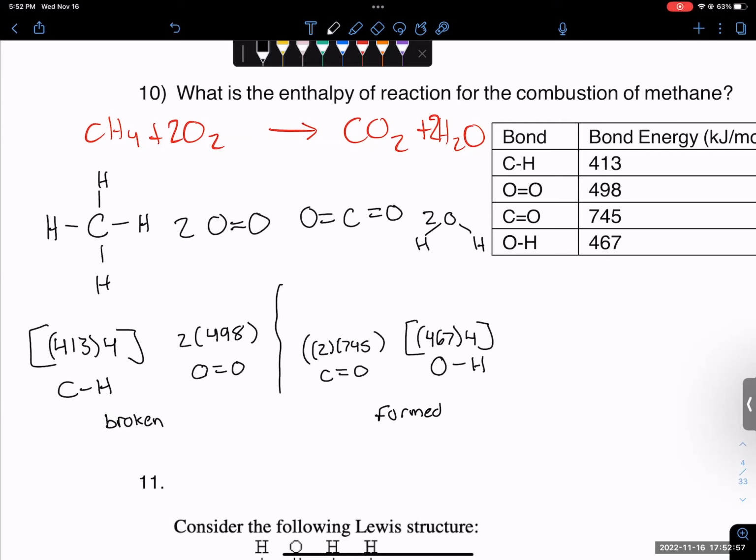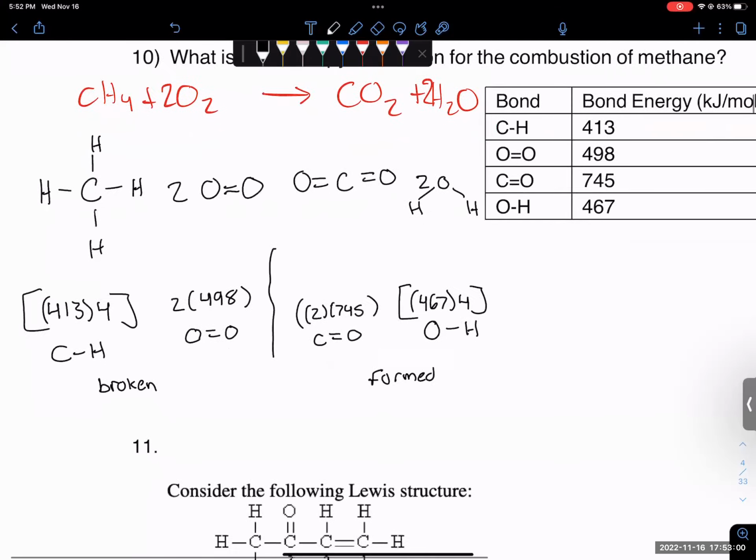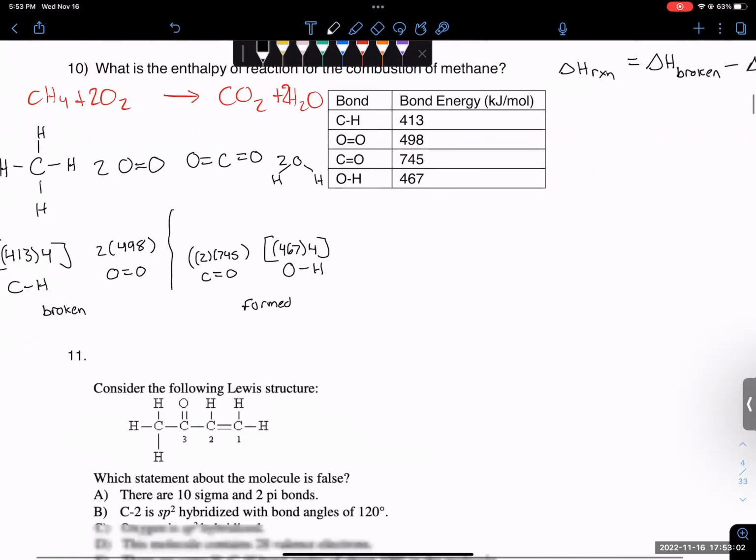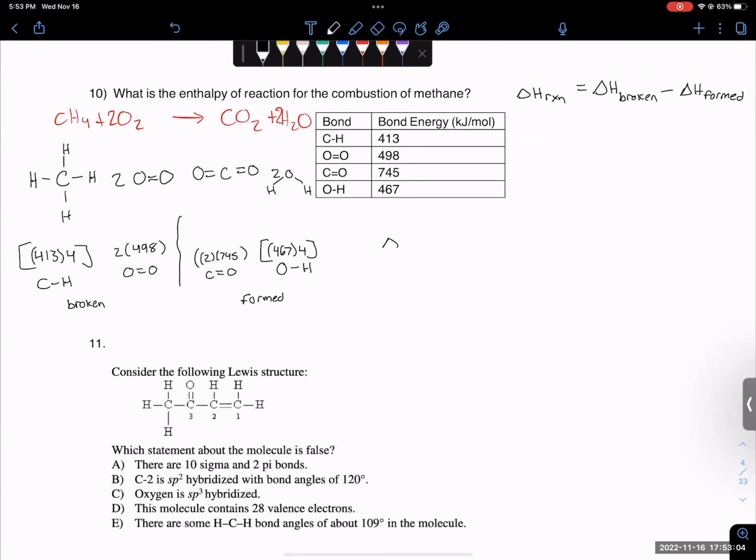So if you were to plug all this in, we can transfer it to a neater area so we can understand. We know delta H of reaction is equal to the sum of the bonds broken, so it would be 413 times 4, and then 2 times 498.